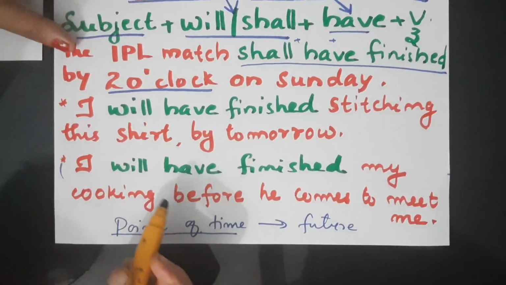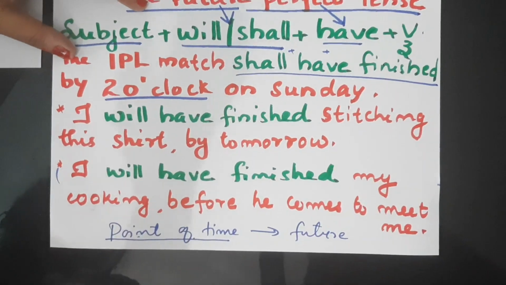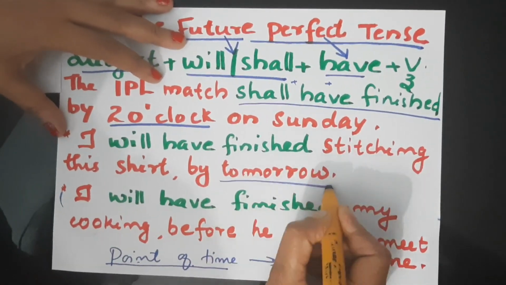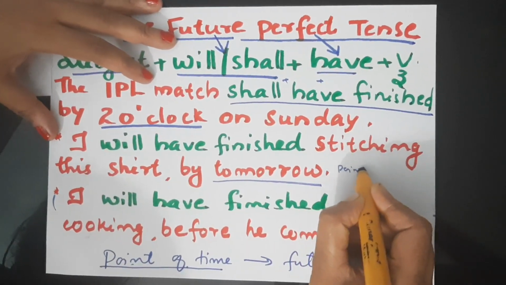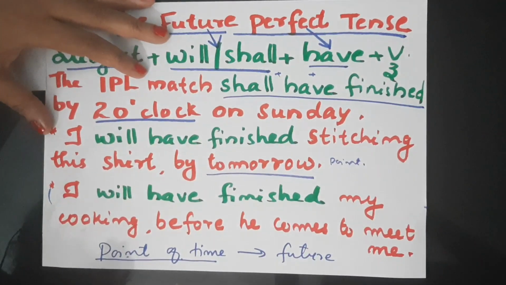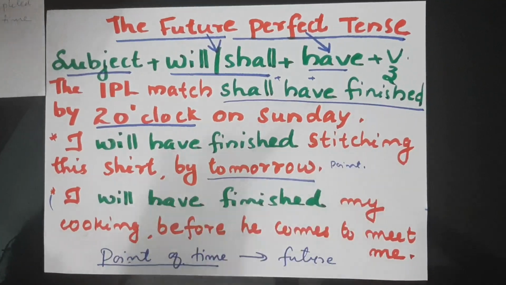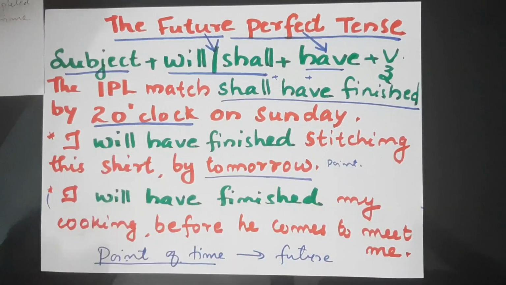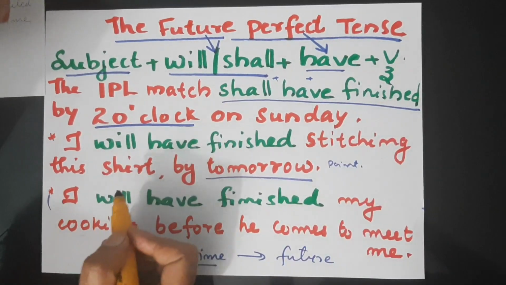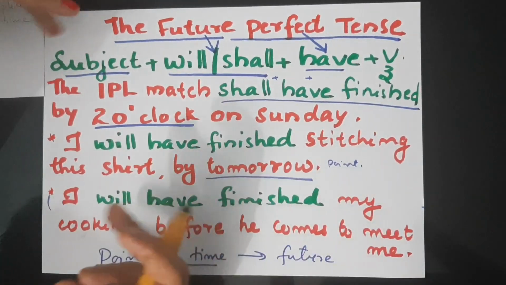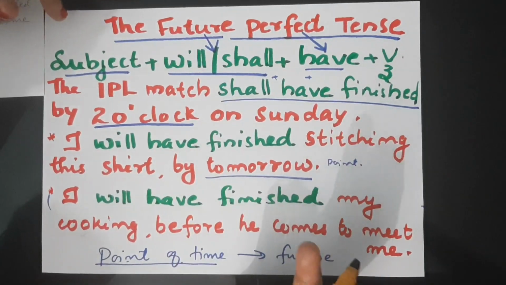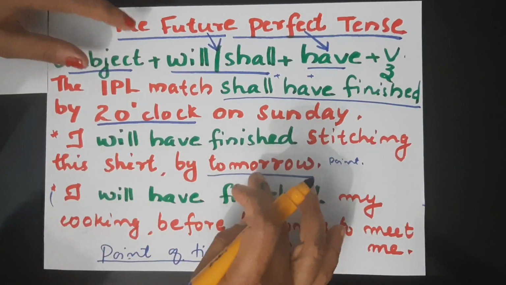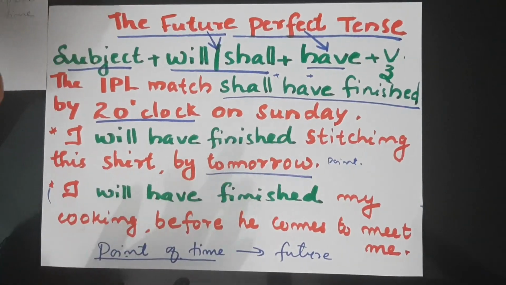Then, I will have finished stitching this shirt by tomorrow. See, tomorrow is the point of time here. Which action will get completed? I will have finished stitching this shirt. Stitching this shirt is the action which will get completed by the point of time, tomorrow.